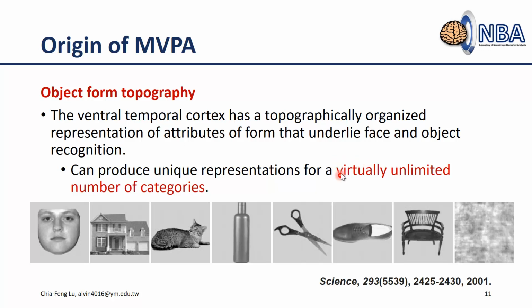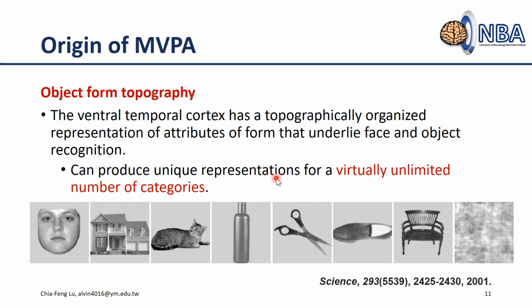Okay, so this is what we call the topographically organized representation in your brain. You can see this kind of representation will cause different brain activation patterns that exhibit different topological patterns in your brain. Of course, when we say topological pattern, that means it may involve activation of several different voxels within this area. Okay, so this is the basic idea from this paper.